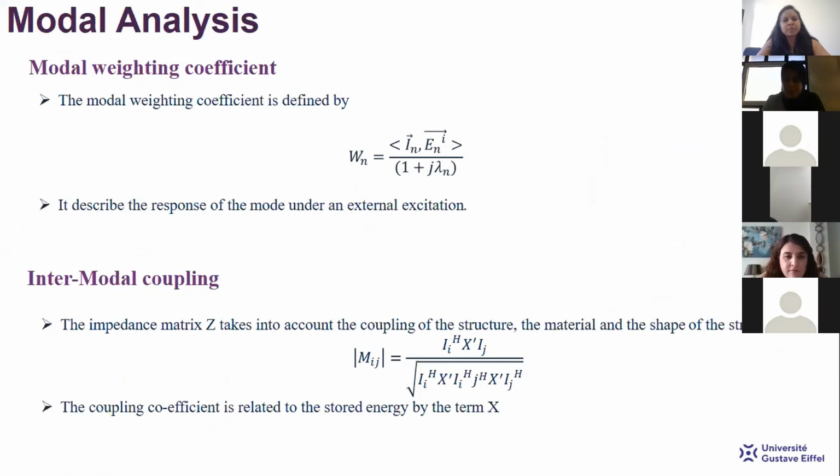So the X represents the reactance part of the impedance matrix, and I represents the characteristic current. So it's the relation between the characteristic current and the reactance part of the impedance matrix.